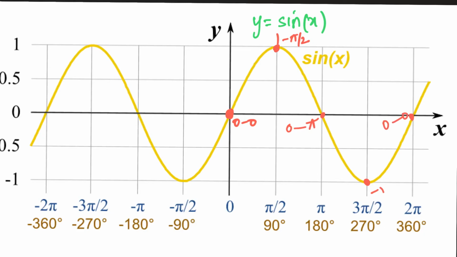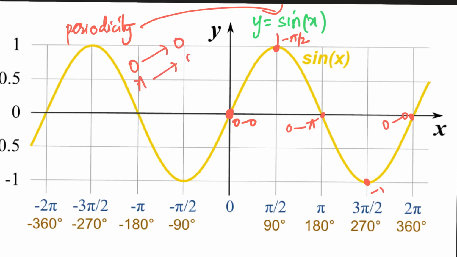So see here, we are talking about the periodicity of which function? Sin x. What did we observe here? At 0 the value is 0. At pi the value is 0. At 2 pi again the value is 0. Well, I made a small mistake here.